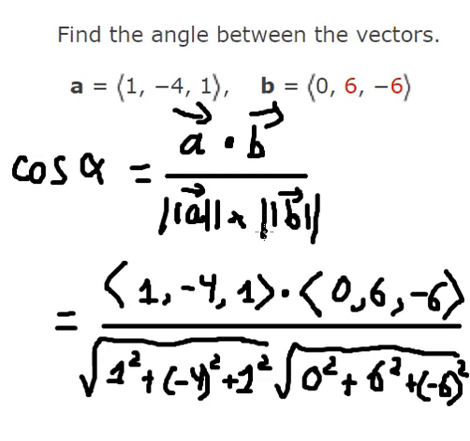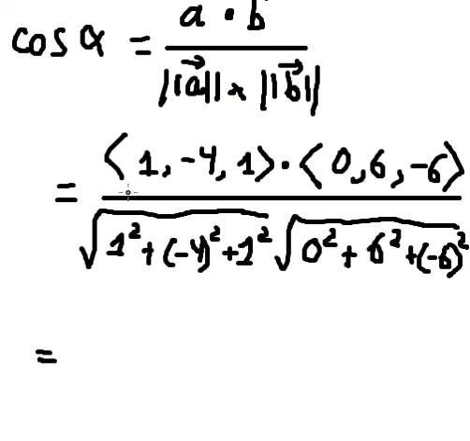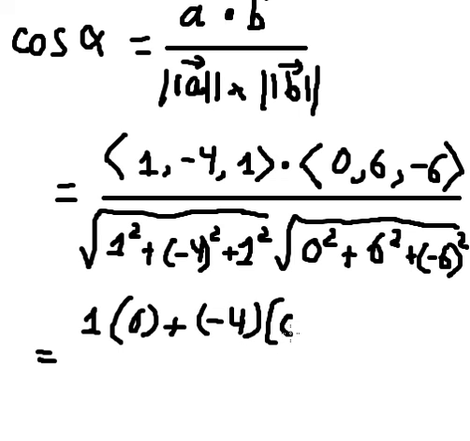So for the dot product, we have 1 multiplied by 0 plus -4 multiplied by 6 plus 1 multiplied by -6.